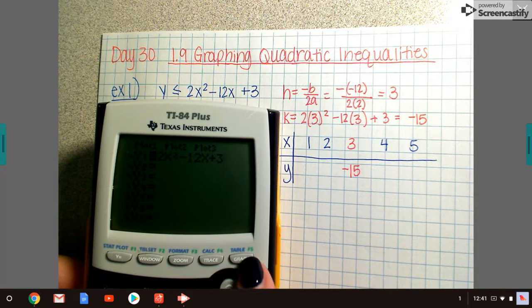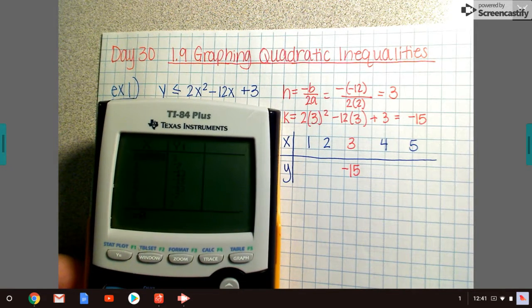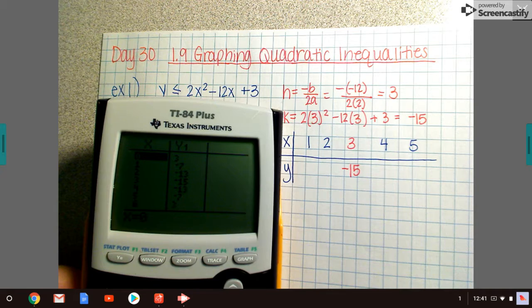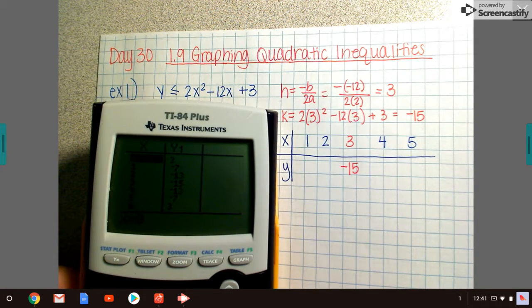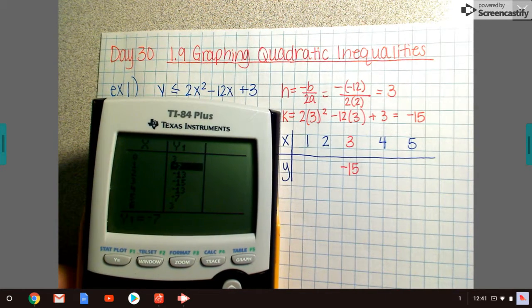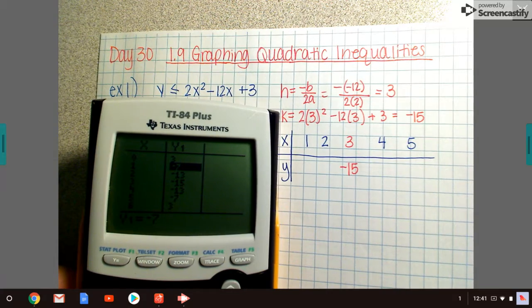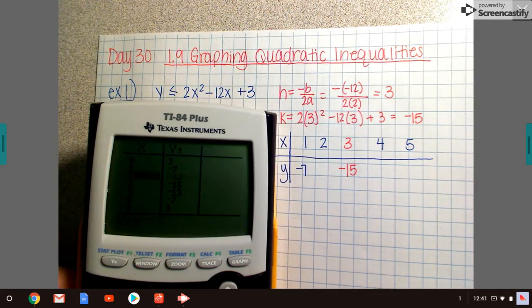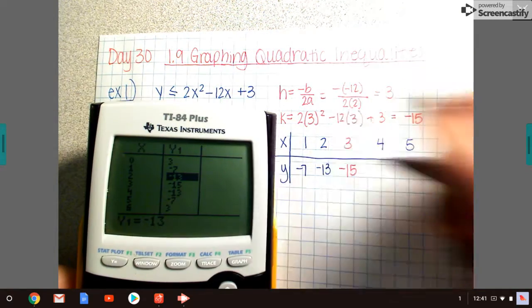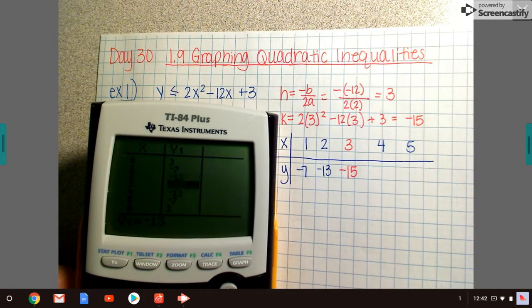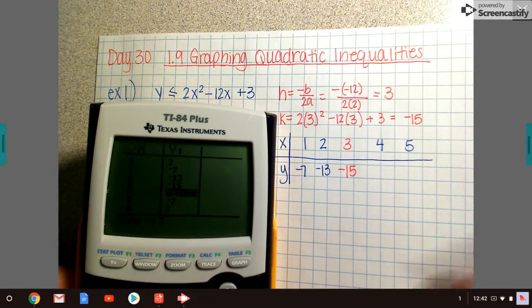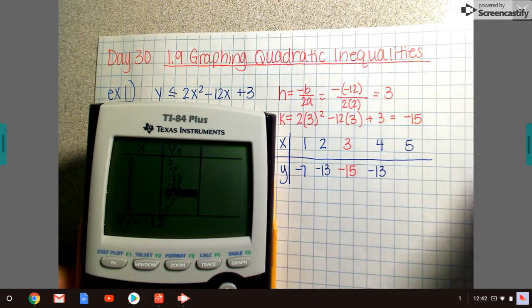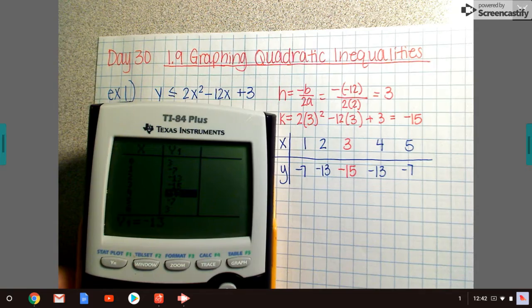Notice there's table in blue, so hit the blue second button to get to it. If I want an x of 1, here it is. When x is 1, y is negative 7. When x is 2, y is negative 13. And then they should match, and they do. So 4 gives me a negative 13 again, and 5 gives me a negative 7 again.